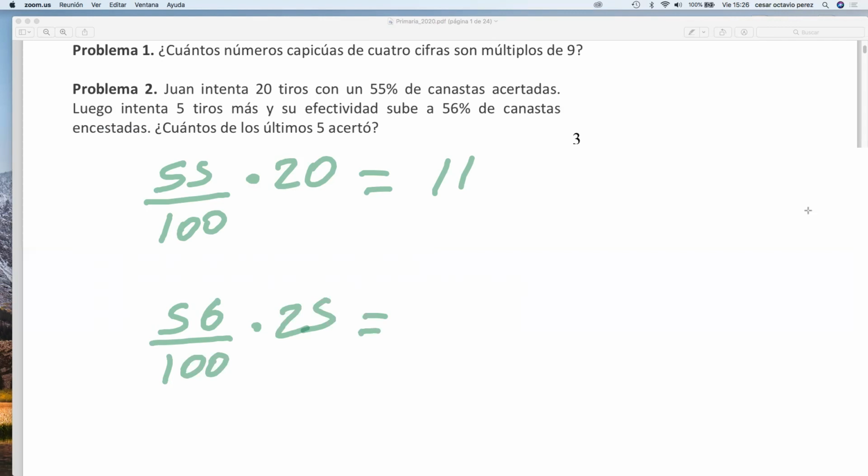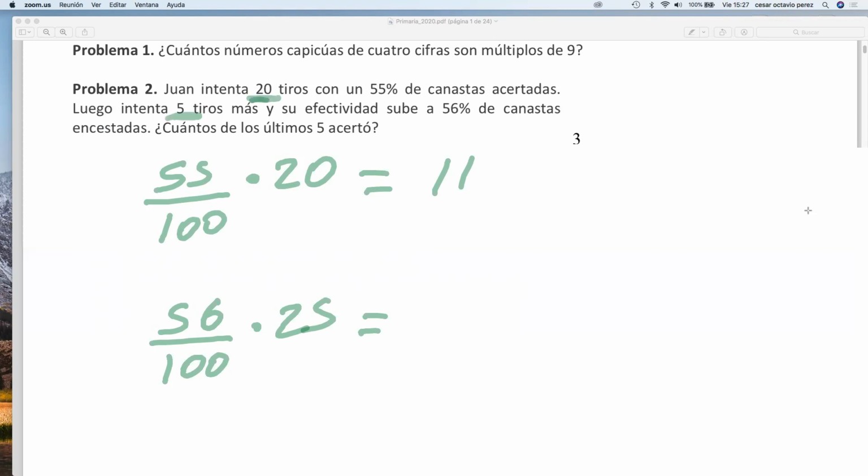I made a mistake because I added 20 plus 5 and I said it was 24. So I don't get a whole number. This was my mistake.